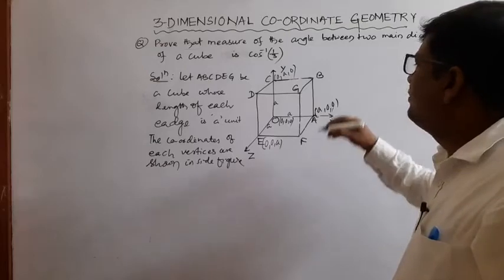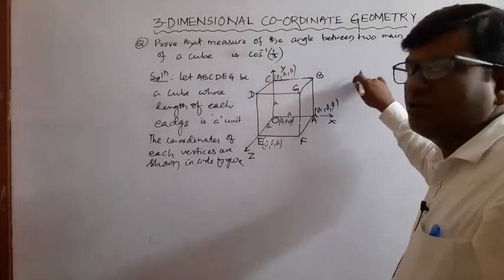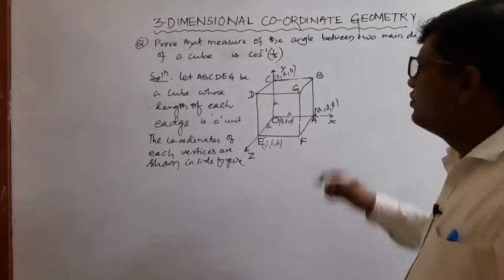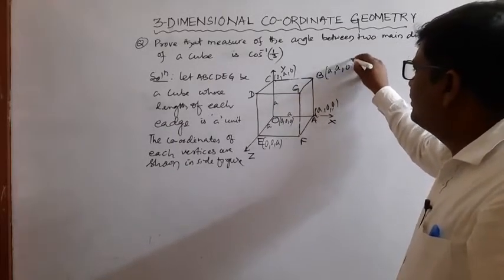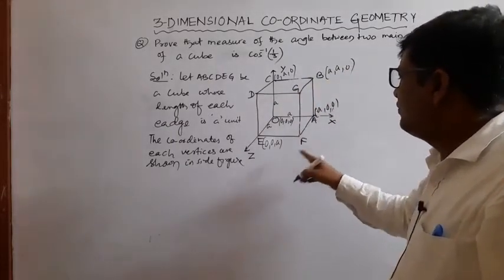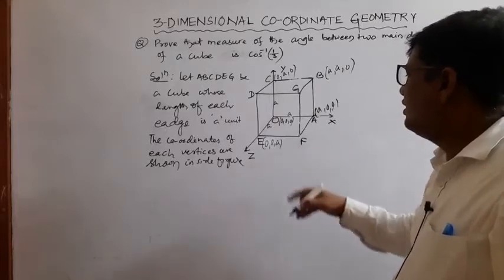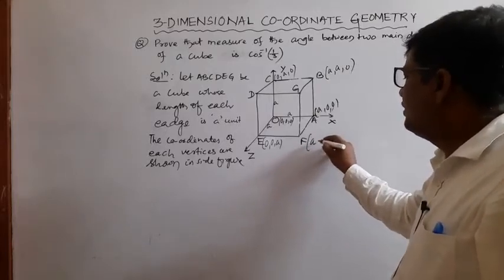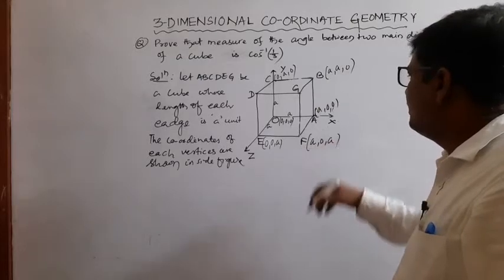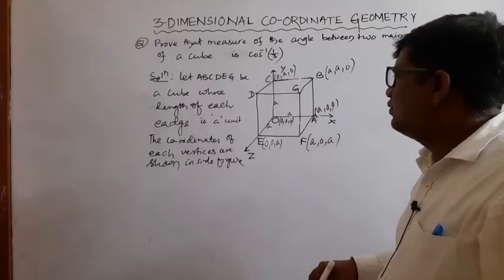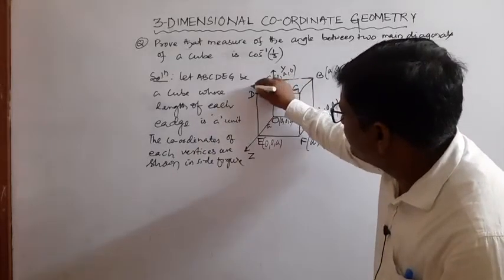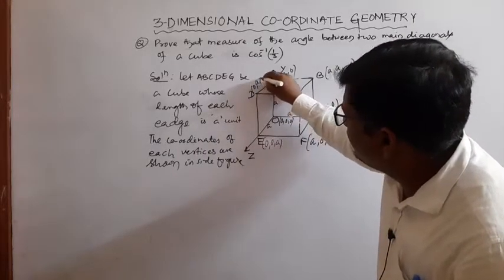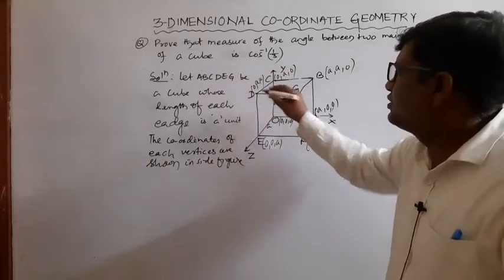The point B is on the XY plane, so it is (a, a, 0). The point F is on the XZ plane, so (a, 0, a). The point D is on the YZ plane, so (0, a, a).